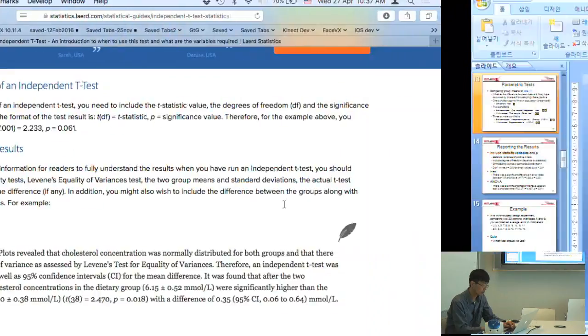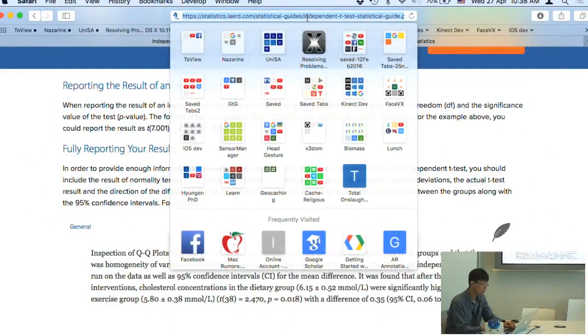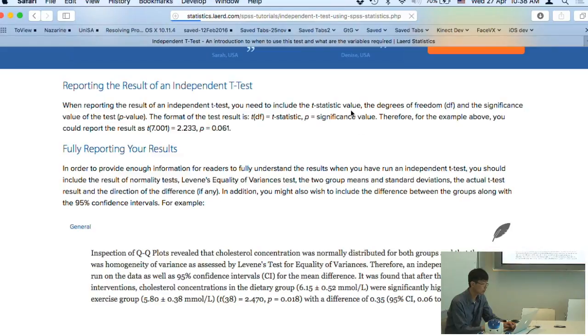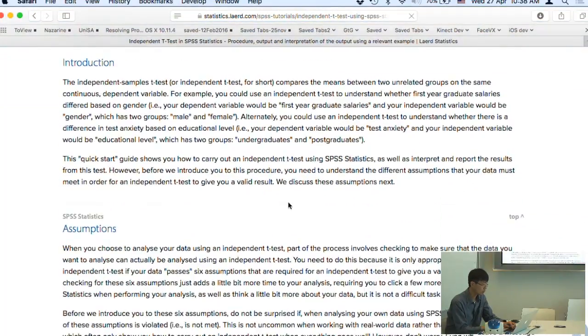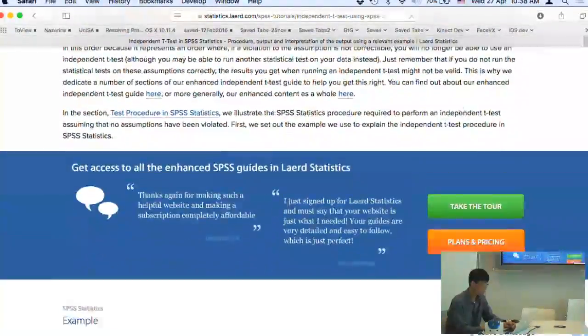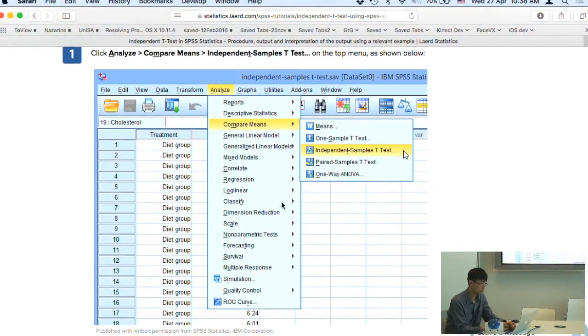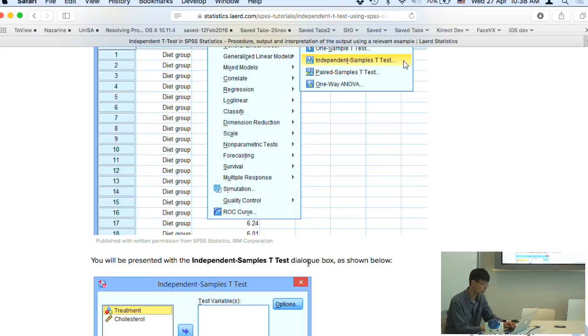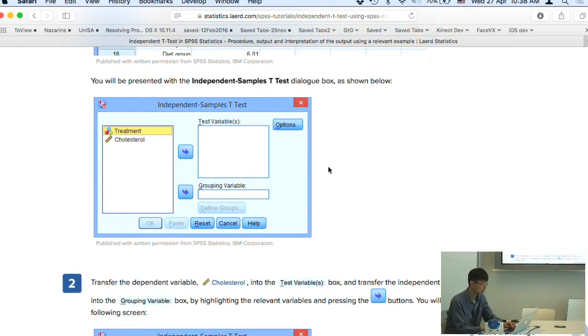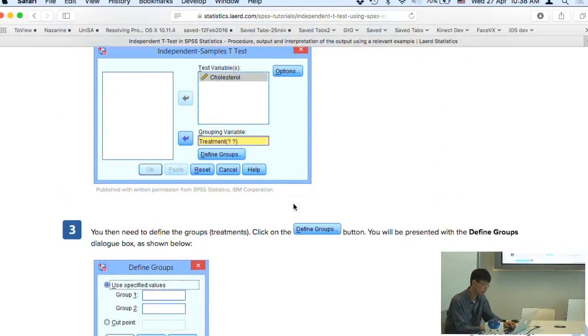It should give you an example and a step-by-step procedure: which menu you have to choose after inputting the data, and for each dialog box what to select and so forth.